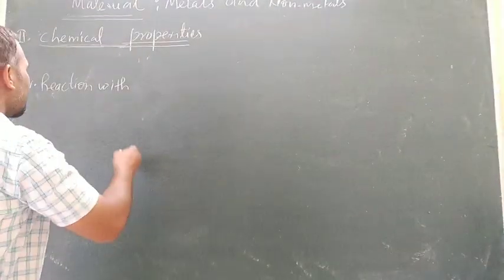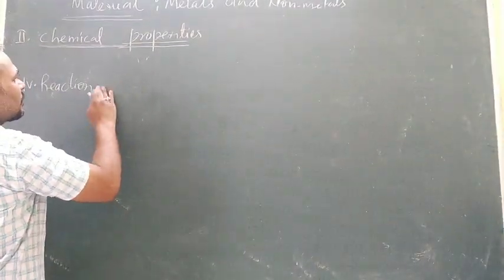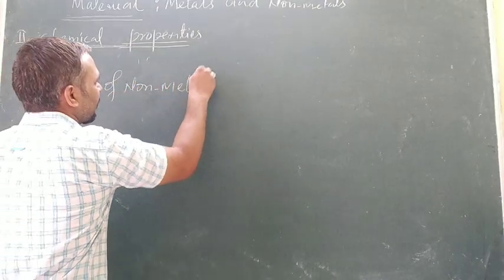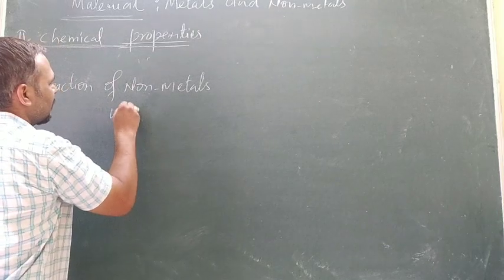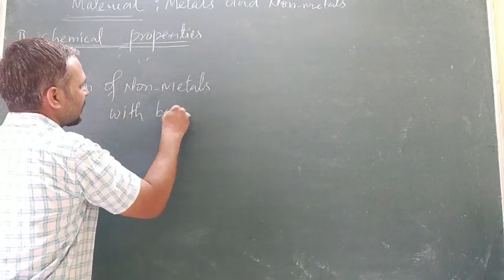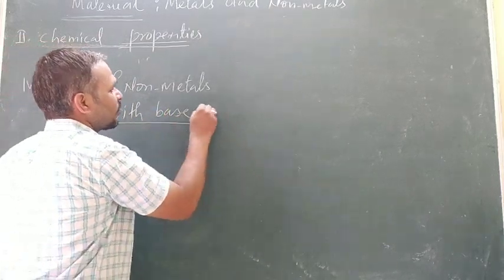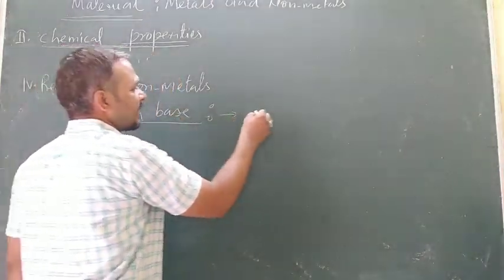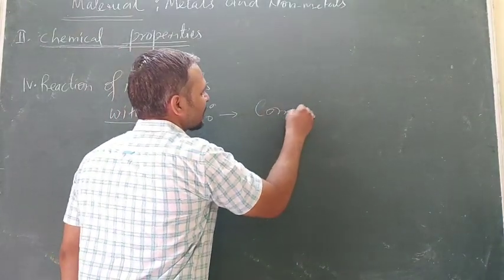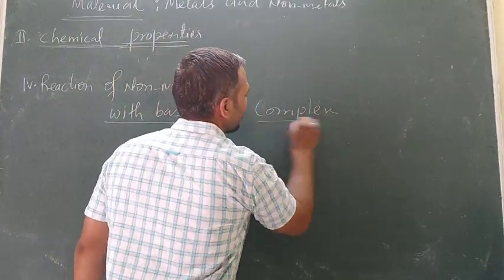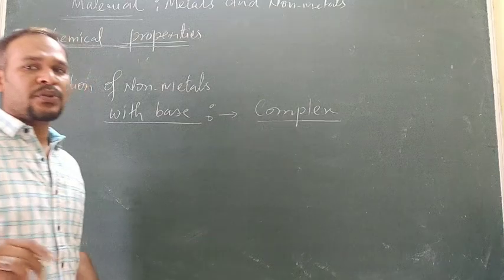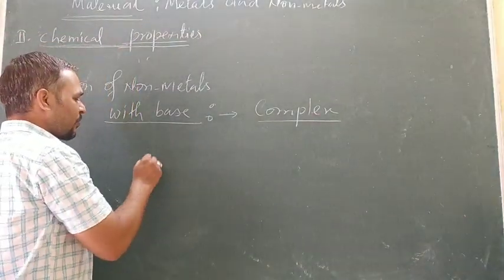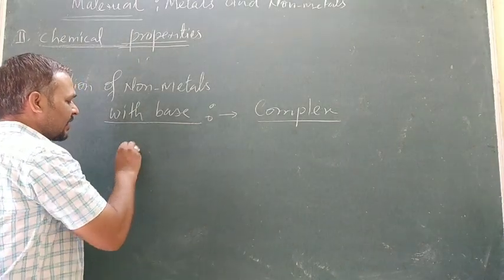One more thing which is left is reaction of non-metals with base. Right? Reaction of non-metal with base is generally complex. This is enough for you to write. But even so, if you want to take an example, you can take sodium hydroxide.